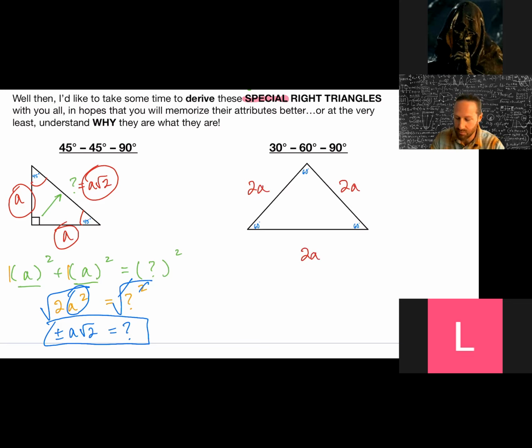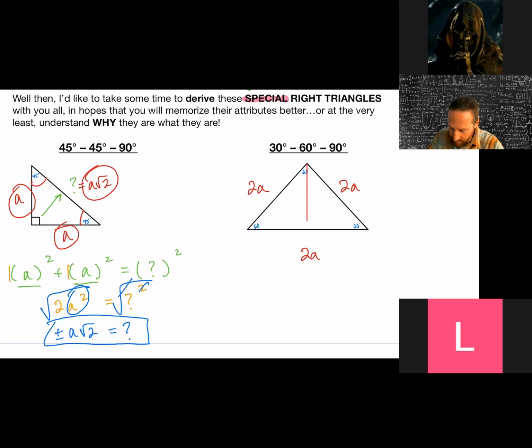Because what we're trying to form is not an equilateral, equiangular triangle. We're trying to make a 30, 60, 90. So take any one of these angles. I'm going to take the one up top, and I'm going to cut it in half by dropping this perpendicular.